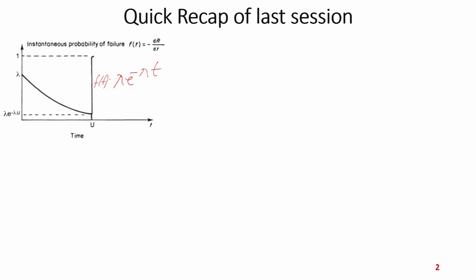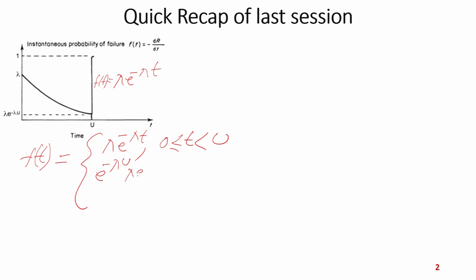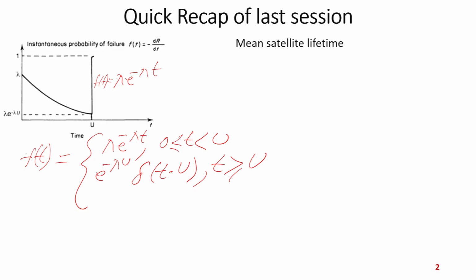We were able to write the probability density function f(t) as lambda e to the power minus lambda t when t is less than u, and then for t greater than or equal to u, it is the Dirac delta function at u, without the lambda term. With this function we could determine the mean satellite lifetime, tau, given by this expression.